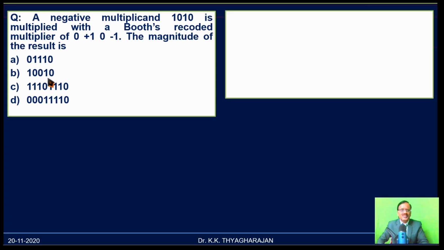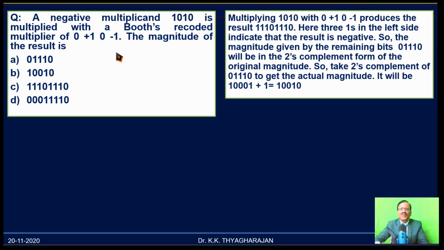It is not possible to guess. You have to compute the value and decide the correct answer. You multiply this 1010 by 0 plus 1 0 minus 1. You multiply. So you will get 1 1 1 0 1 1 1 0.